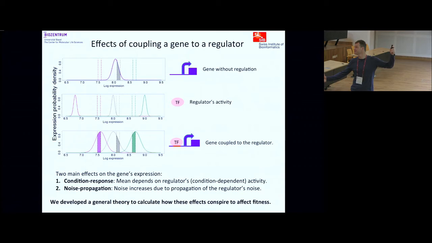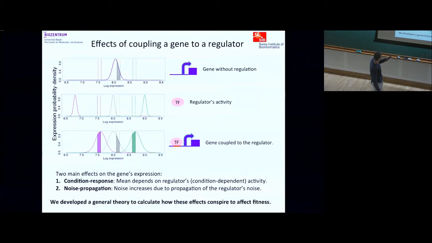So imagine there is a transcription factor whose expression in this gold condition is like this, in the green it's like that, and in the red it's like that. If I now evolve a binding site in my promoter for this regulator, then what will happen is that my mean will be shifted up by the regulator in this condition, and it will be shifted down by the regulator in that condition.